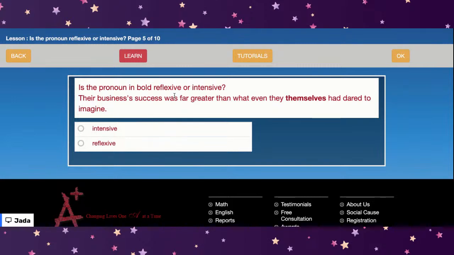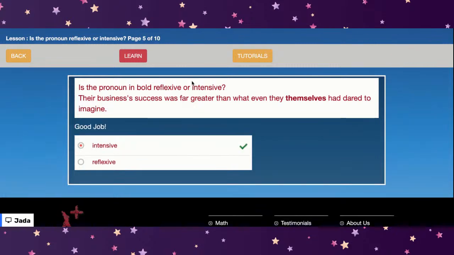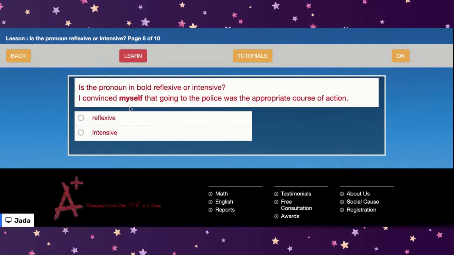Is the pronoun bold, reflexive, or intensive? The business's success was far greater than whatever they themselves had dared to imagine. So what is the right answer here? Intensive. I convinced myself that going to the police was the appropriate course of action.